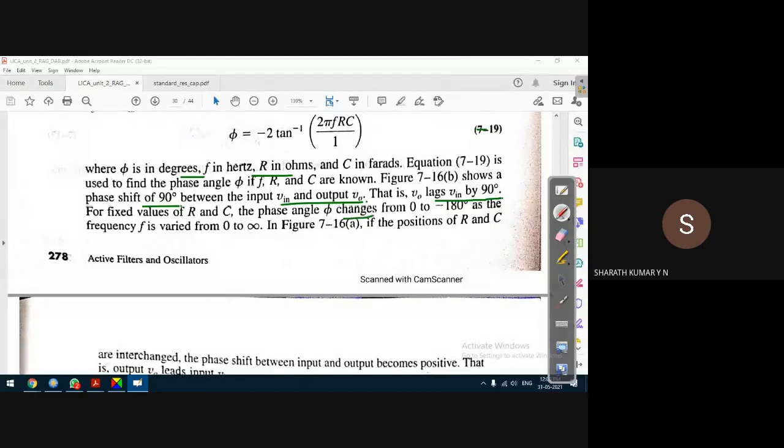So the phase angle phi changes from 0 to minus 180 degrees as the frequency is varied from 0 to infinity. So that means as the frequency is varied from 0 hertz to infinite hertz. 0 hertz means it is DC. Infinite hertz is very huge. The phase shift can go from 0 to a maximum of minus 180 degrees.